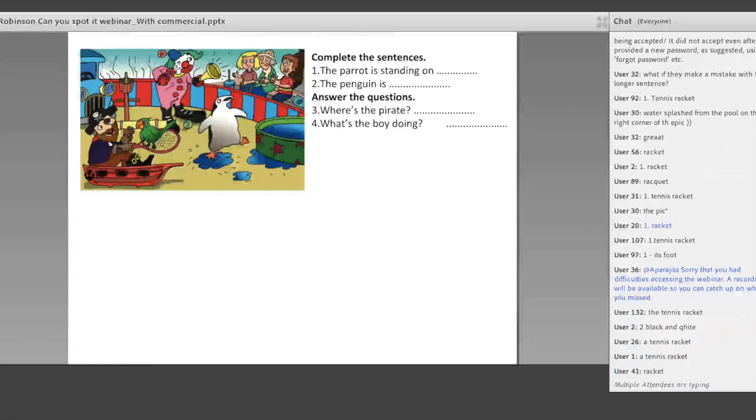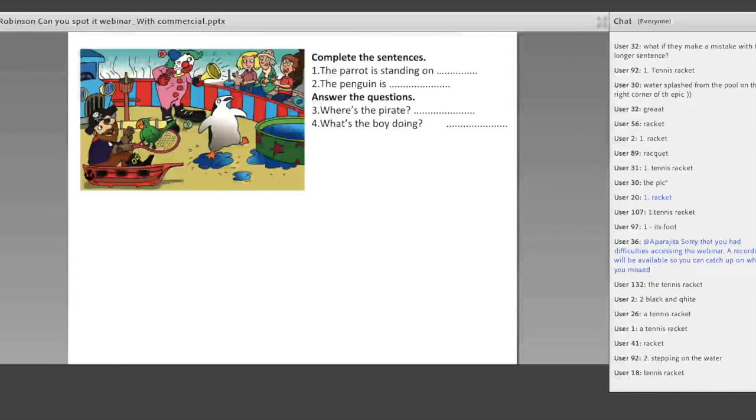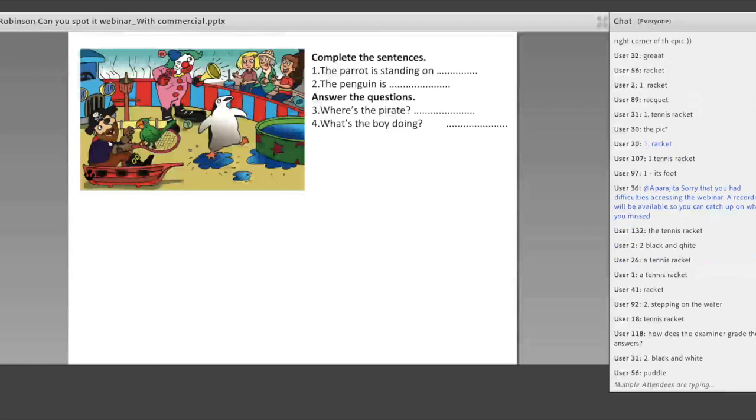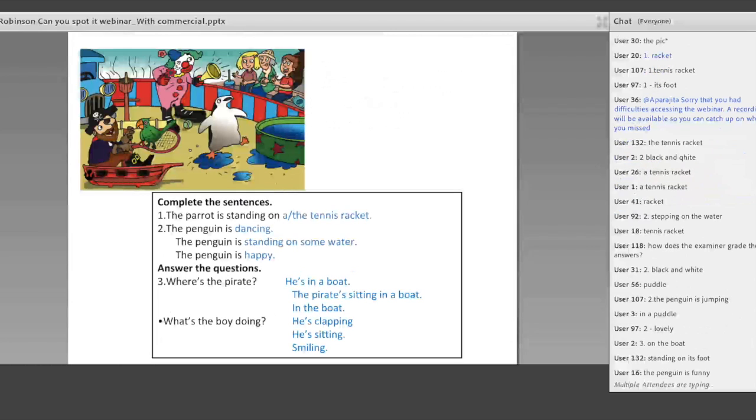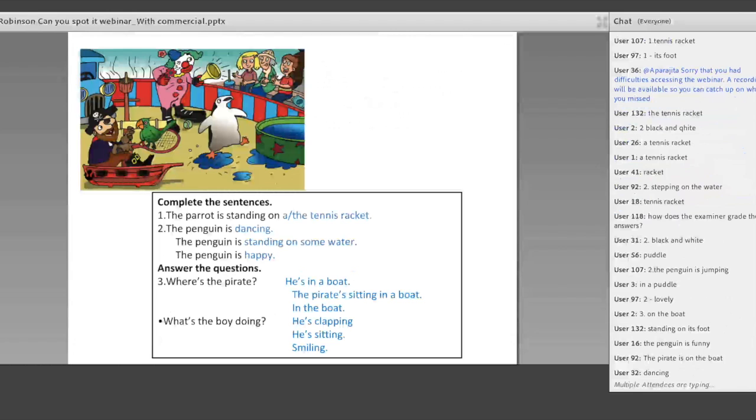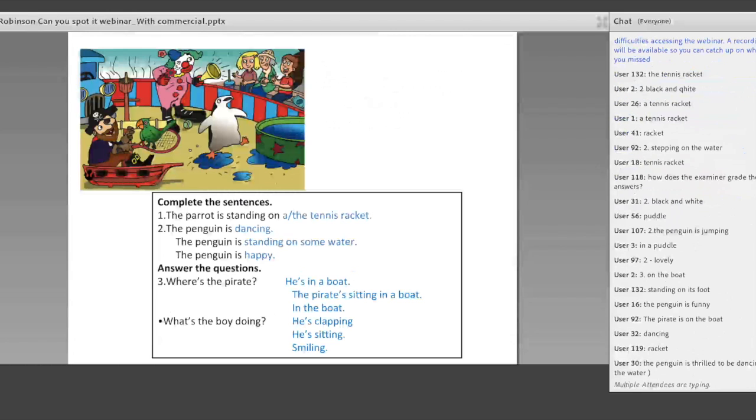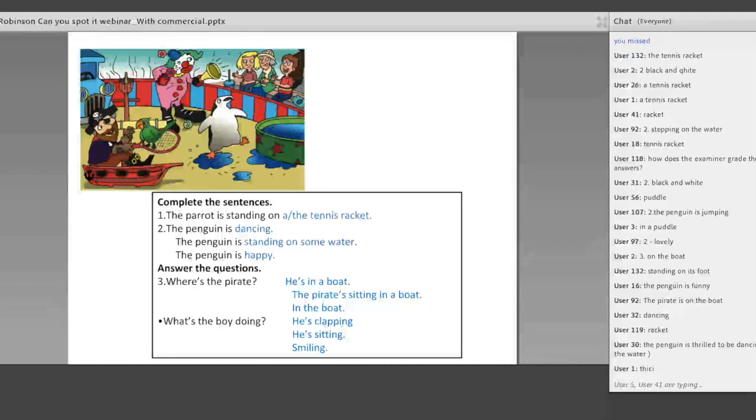Suggestions: the parrot is standing on a racket, on a tennis racket, on its foot. Good one, that one. And the penguin is, we got black and white, etc. I'm going to show you some suggested answers here, and you can see that there's not just one right answer.